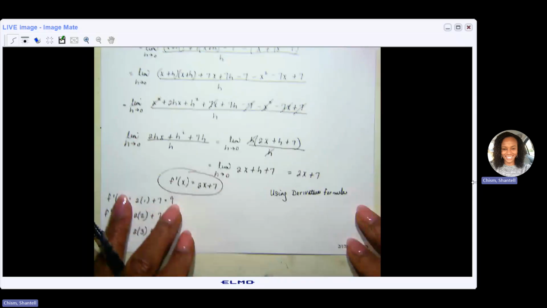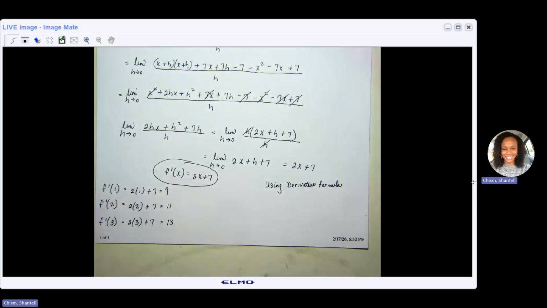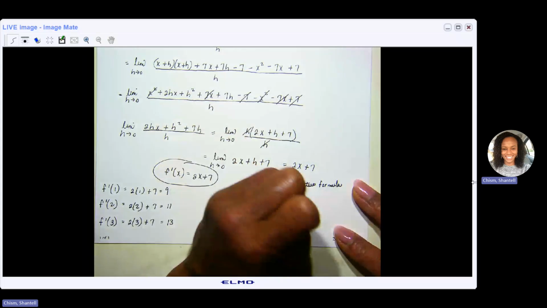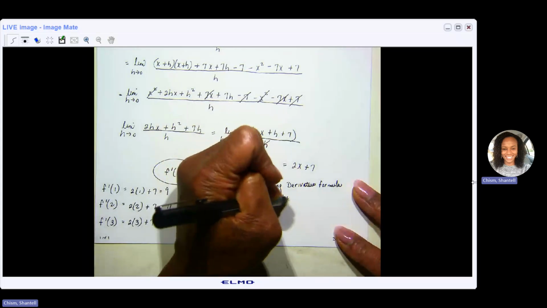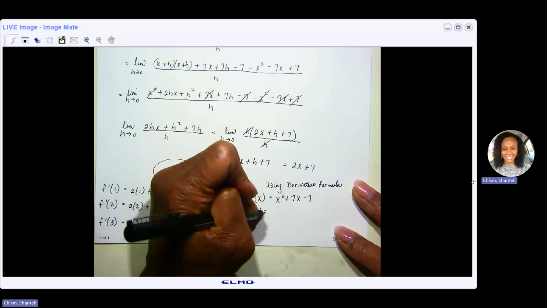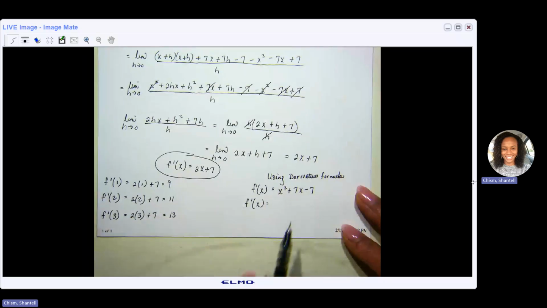So if I use the derivative formula, which is basically going to be the power rule in this case, f of x, the original function, was x squared plus 7x minus 7. So I'm going to find f prime, okay? Now that would be where I take the old exponent, I bring it down, and I reduce that exponent by 1.